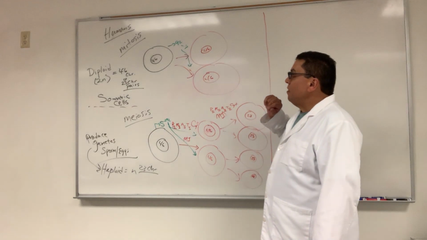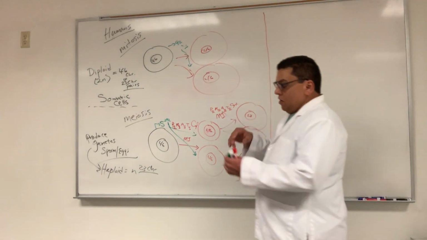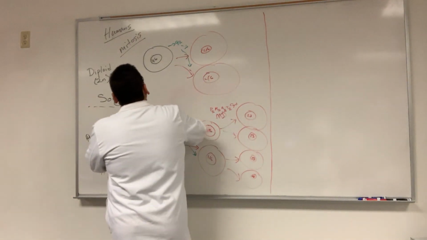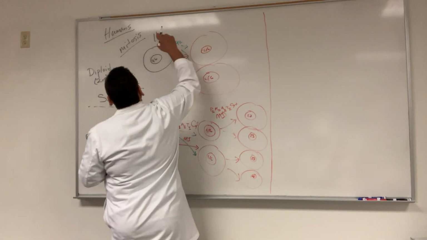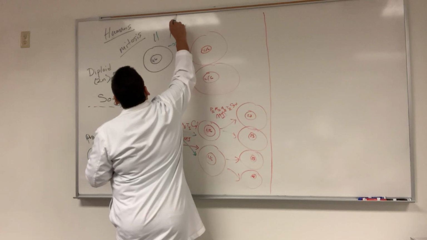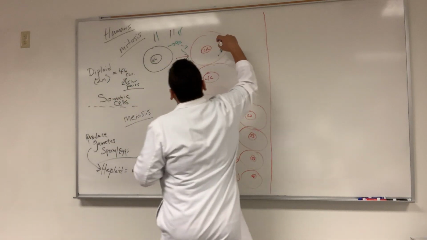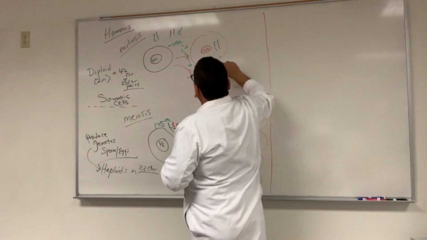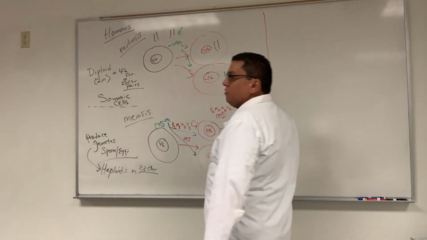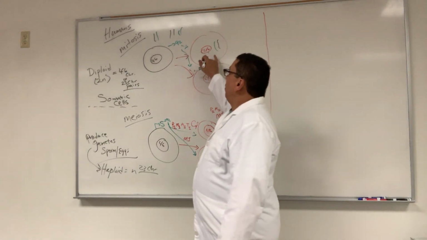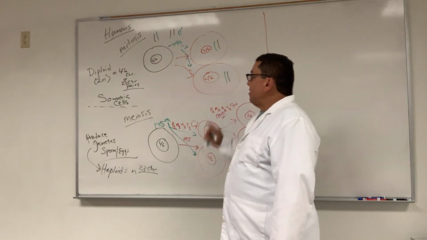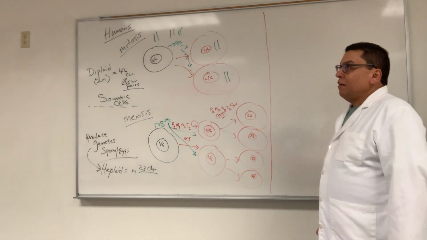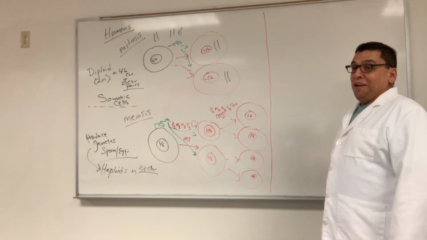For example, in mitosis, you had one chromosome from mom, and one chromosome from dad. They duplicated, and then at the end, each one of these got one of each. So they are identical to each other and to the parental. That's not going to happen here. It gets a lot more complicated.